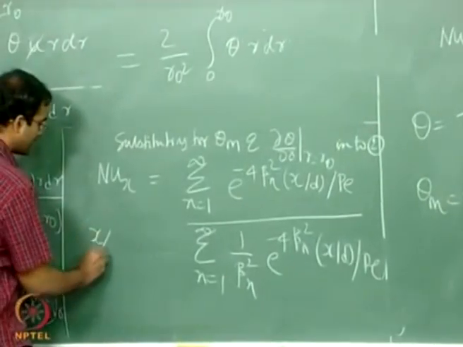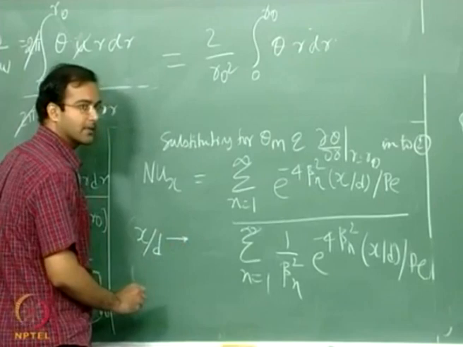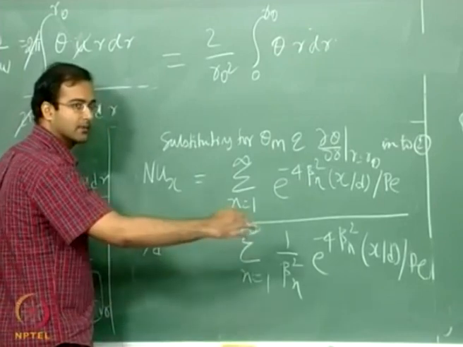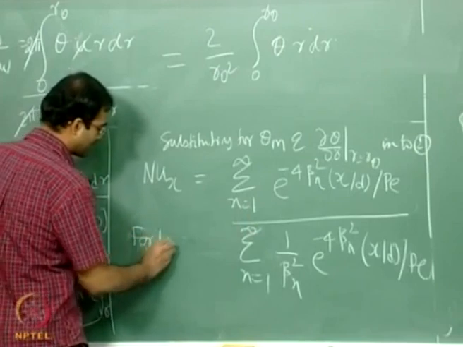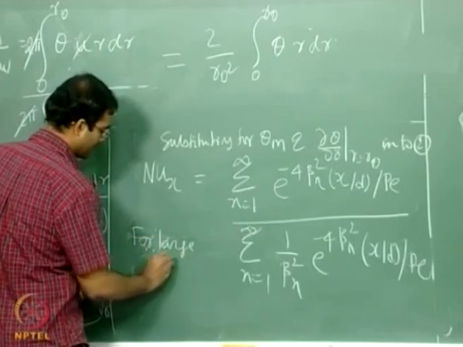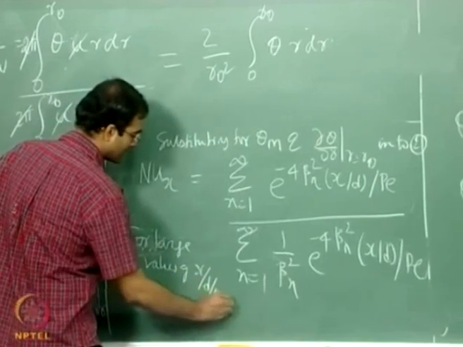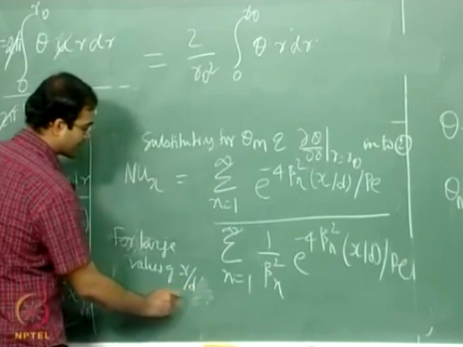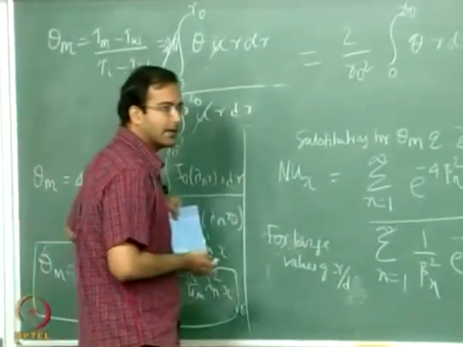When your x by d goes to infinity, for large values of x by d, you go asymptotically, because you now are in the thermal entry length region.